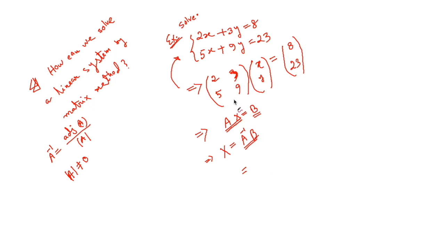And we know A inverse means adjoint of A divided by determinant of A. And for a 2 by 2 matrix, we can use a formula which is this.